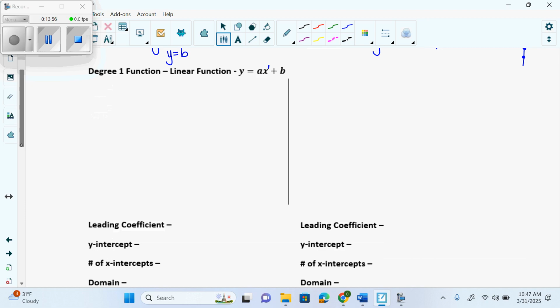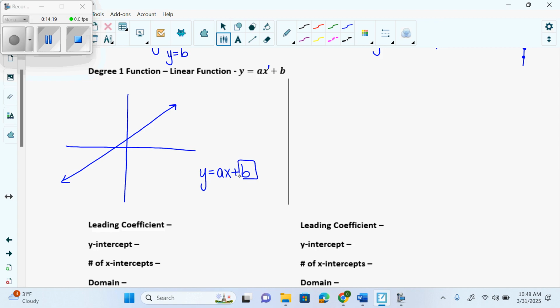So, if I give you this, that's my graph of my equation. My equation is of the form y equals ax plus b.